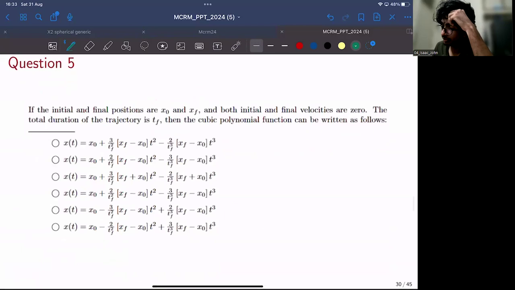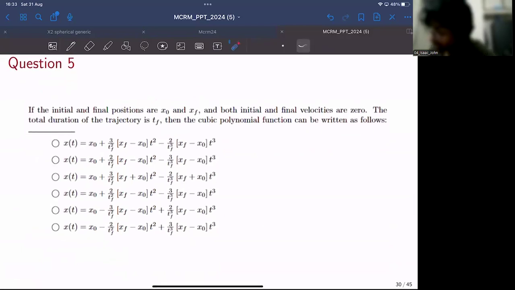Now moving on to question 5. If the initial and final positions are x0 and xf, and both initial and final velocities are 0, so I'll write this down.